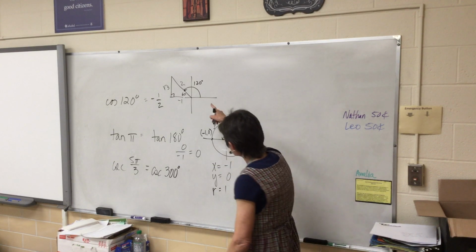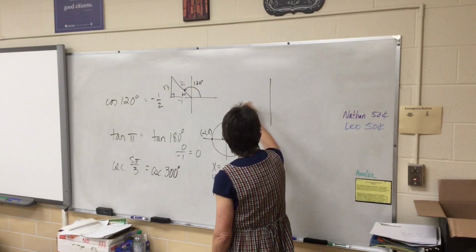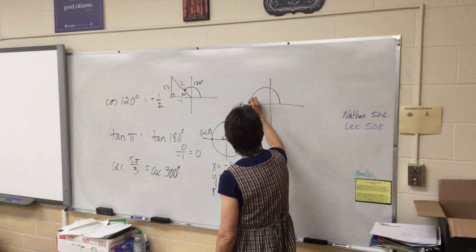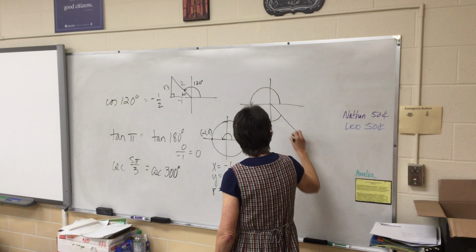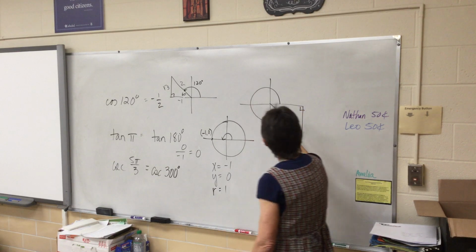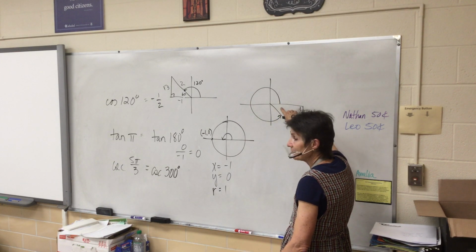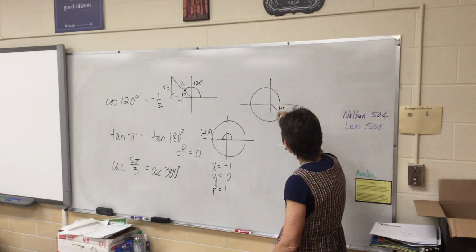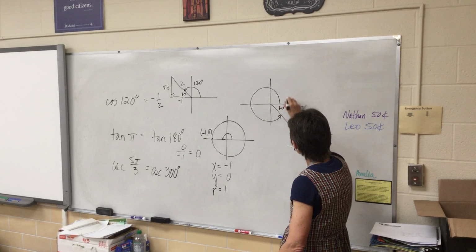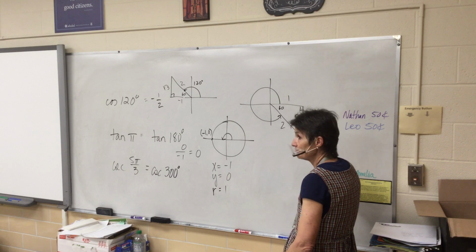So we'll do just what we did up there. We'll draw 300, starting here, all the way around. If that's 300, what's that? Another 60. So this is root 3, that's 1, that's 2, that's negative.